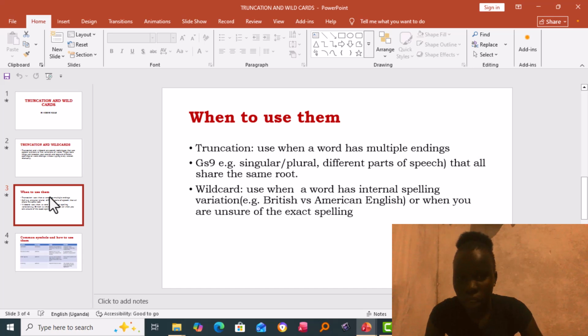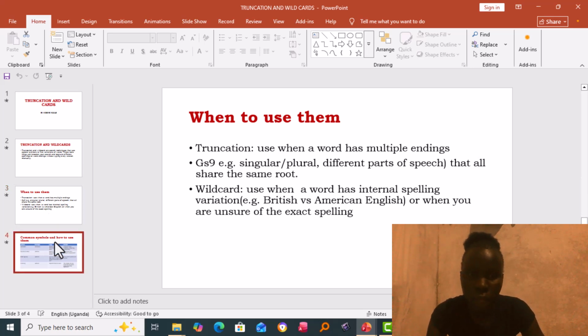Wildcards are used when a word has internal spelling variations, for example British versus American English, or when you are unsure of the exact spelling.